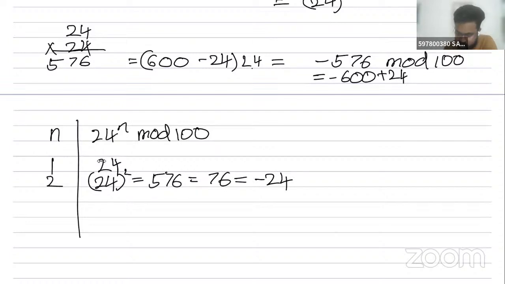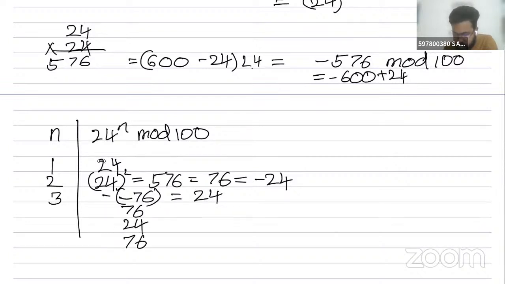Again, I'm talking about mod 100 only. When we do 24 to the power 3, or minus 24 times 24, I get minus 76, and with the minus sign outside, which is 24. Then when I multiply by 24 again, I get 76, and then 24, 76, 24. This pattern keeps repeating.